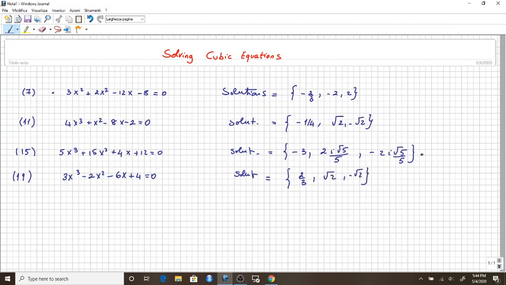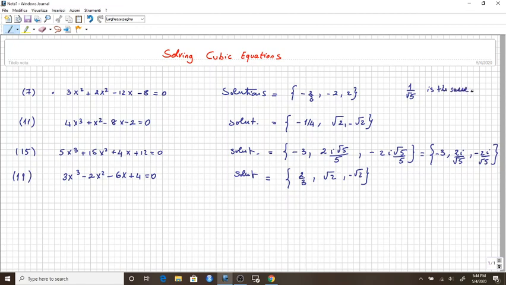Now in something like problem number 15, the solution you may find can also be written as negative 3, 2i divided by square root of 5 and negative 2i divided by square root of 5. The solutions are the same as 2i square root of 5 over 5, because if you rationalize, which means you multiply and divide numerator and denominator by square root of 5, you get square root of 5 over 5.